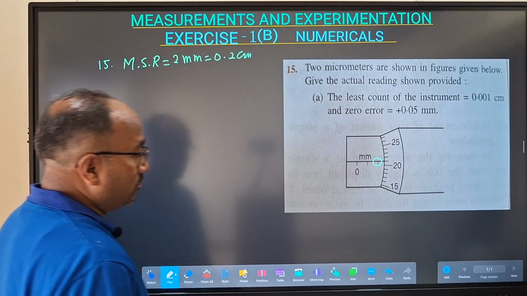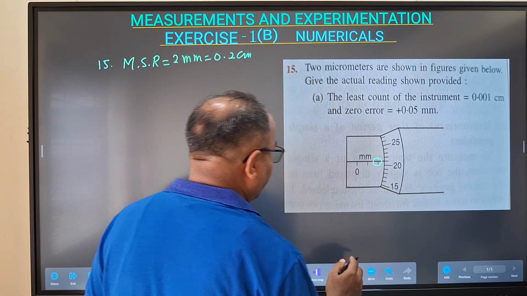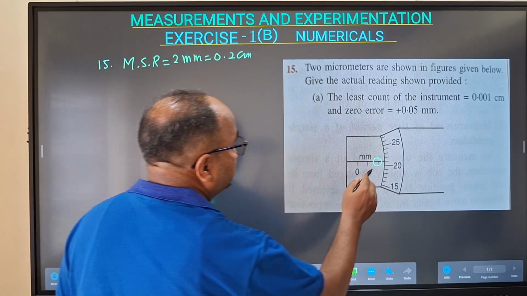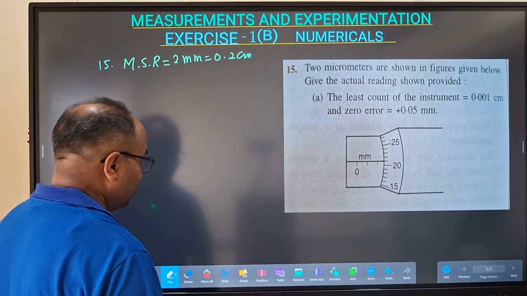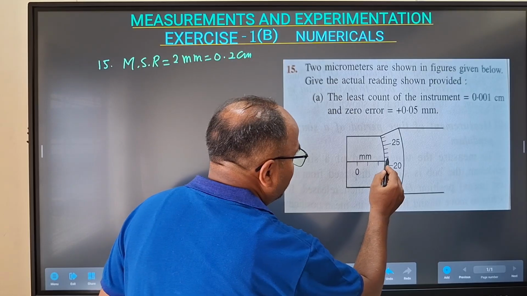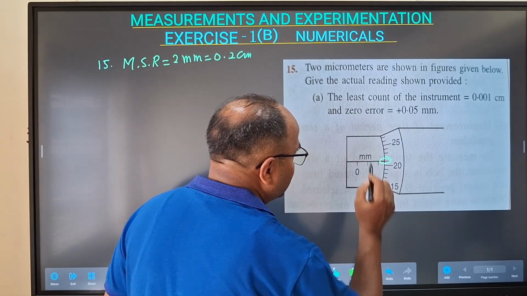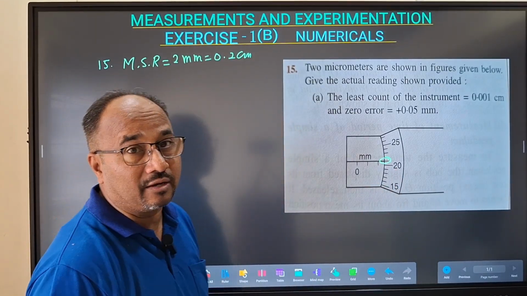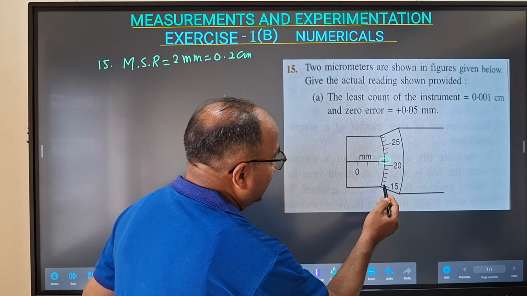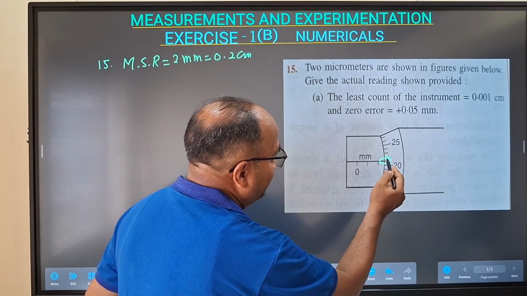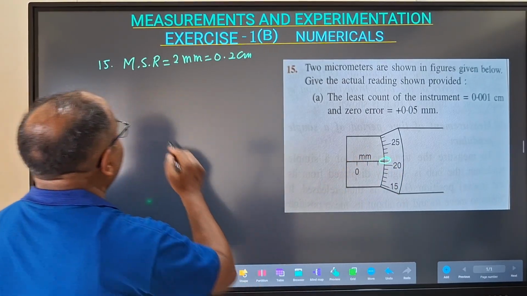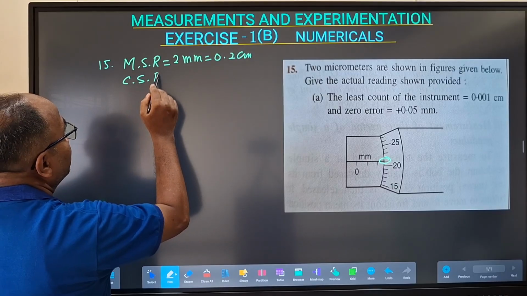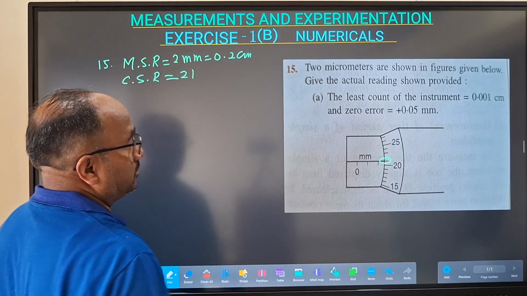Okay. Now you take a look over here, which value of the circular scale is matching with the baseline. This is 15, then 20, then this is 25, so this is 21. So your circular scale reading is 21.